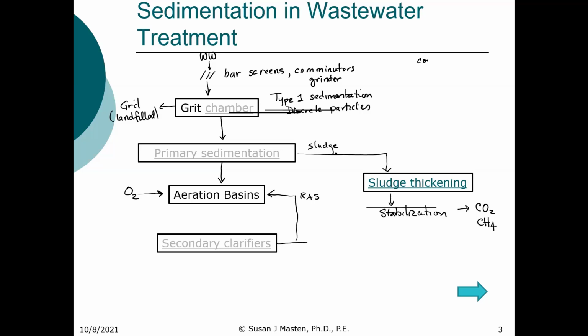So we're taking complex organic matter and we're converting that to CO2, nitrate, or if we have denitrification, nitrogen, phosphate, which we may precipitate as often ferric phosphate, so that when this water is released to a receiving body of water, it doesn't consume so much oxygen that the body of water goes anaerobic.